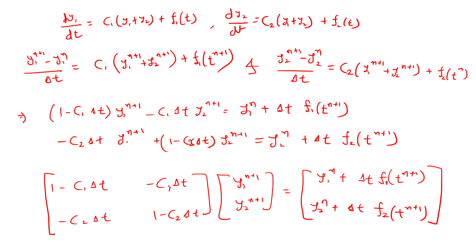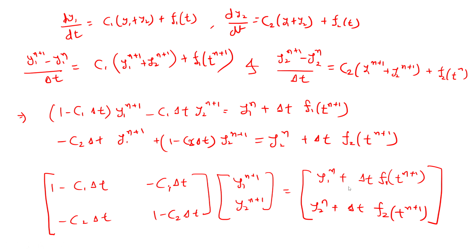We will be having c2 y1^n + y2^n, because in the second row the value will come from here. So we will have y2^n + Δt/2 f2(t_(n+1)) + c2/2 (y1^n + y2^n) + f2(t_n)/2.